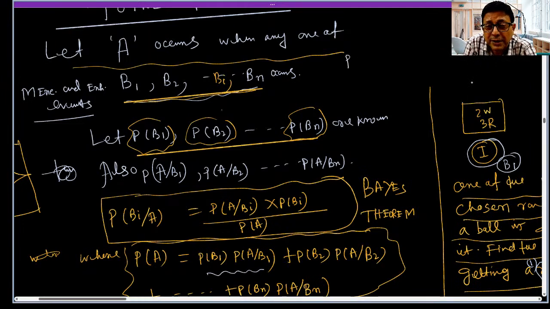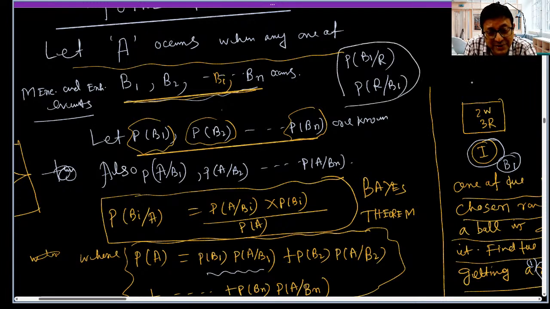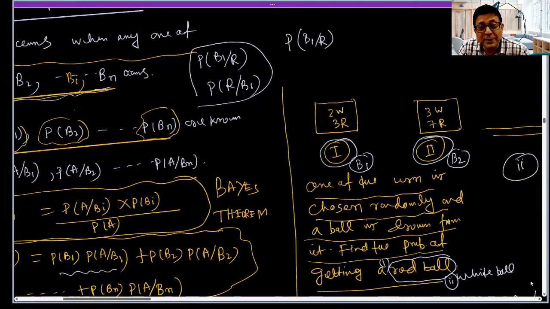Should I write P B1 by R or P R by B1? This you have to clarify. See, B1, B2, Bn, like those urns, one of them can occur. And what probability are you going to find? A red. So the case is finding P B1 by R, not R by B1. I made a mistake over there. You are going to find P B1 by R.